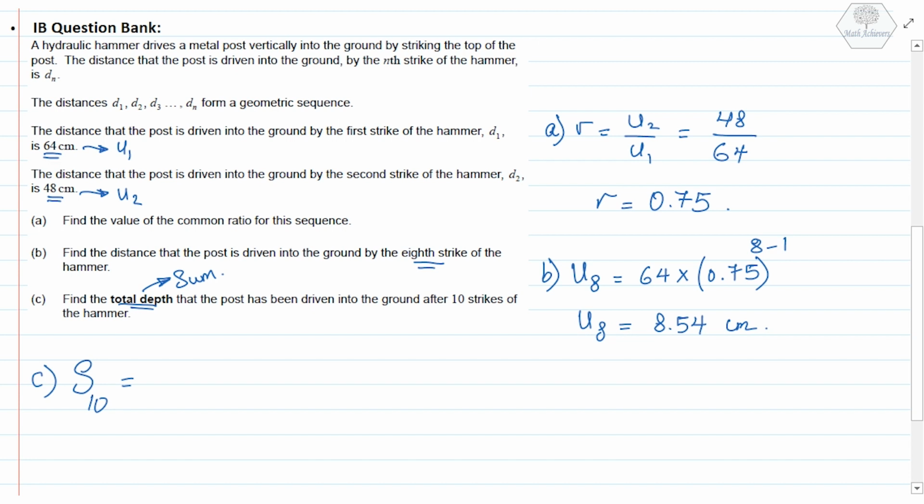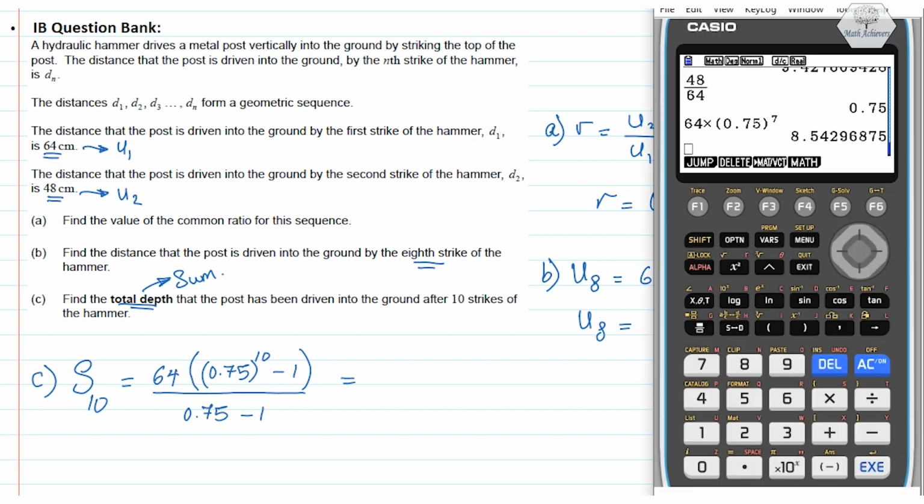This is equal to U1, which is 64, times R, which is 0.75, to the power of n, which is to the power of 10, minus 1, over R minus 1, which is 0.75 minus 1. To find this value, I'll need to use my calculator.